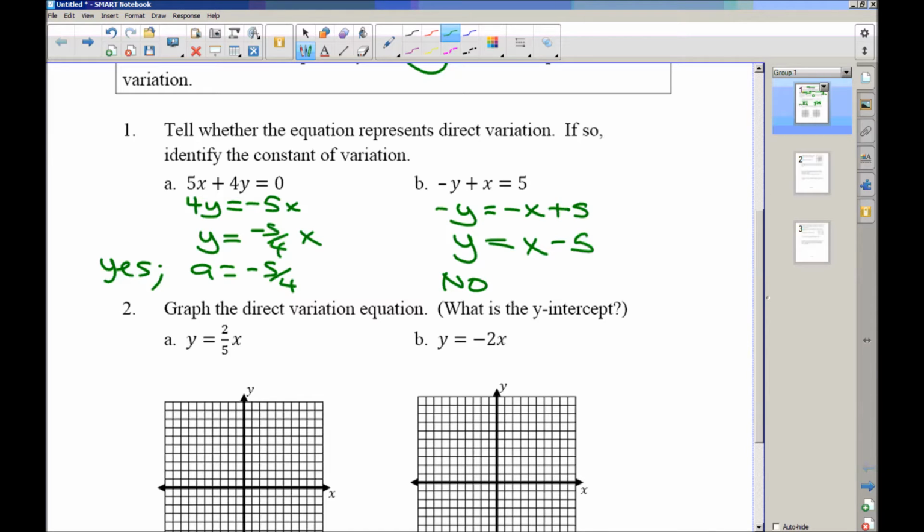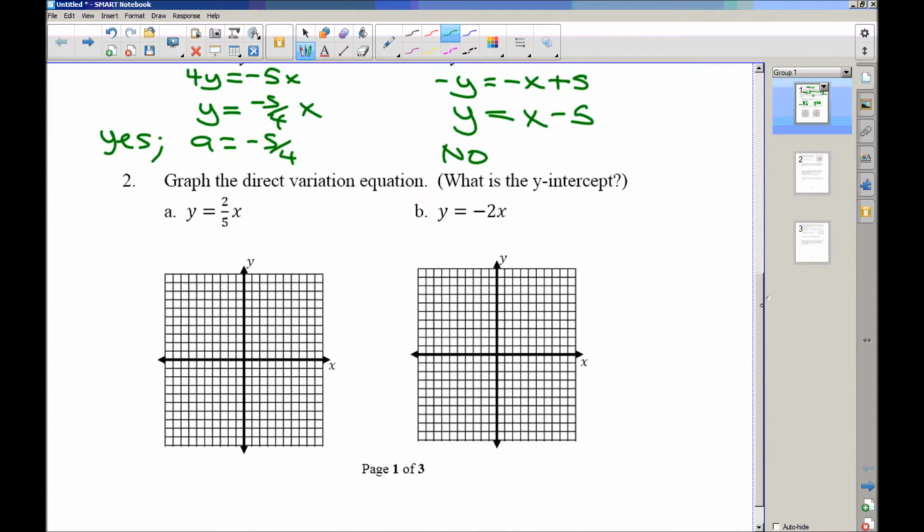Okay. All right, so graph direct variation equations. Notice what the y-intercept is every time. This should be 0. If it's not, then it wasn't direct variation. So remember, if I wrote this as y equals mx plus b, it would have a 0 here. So we put a point at 0 on the y-axis, and then the constant of variation, or the slope, is 2/5.